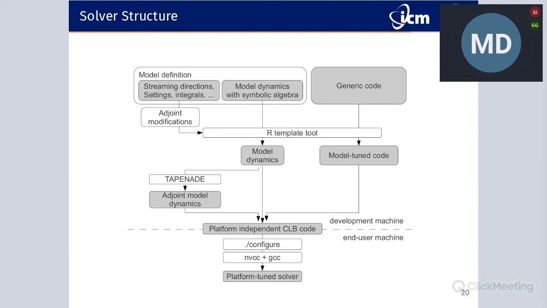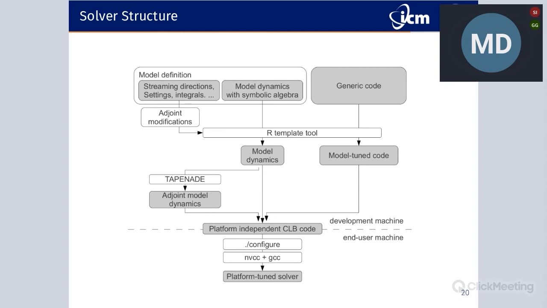Each physical model is described in generic terms like the number of directions, basically the stencil, the number of additional parameters, the number of integrals that must be calculated over the whole domain, and the model dynamics, the collision model itself, described in symbolic algebra.